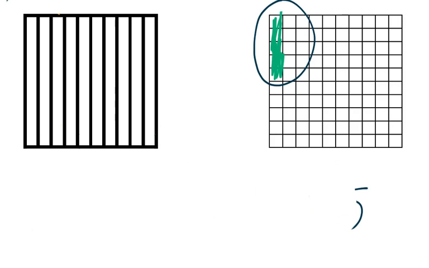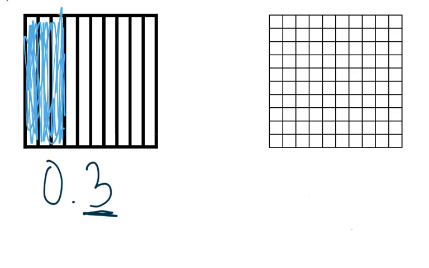So I want you to look at this. We have our hundredths and our tenths. What do you notice about this? Alright, right here I have 3/10 colored in, because this is my tenths place, and I have 1, 2, 3 bars colored in.